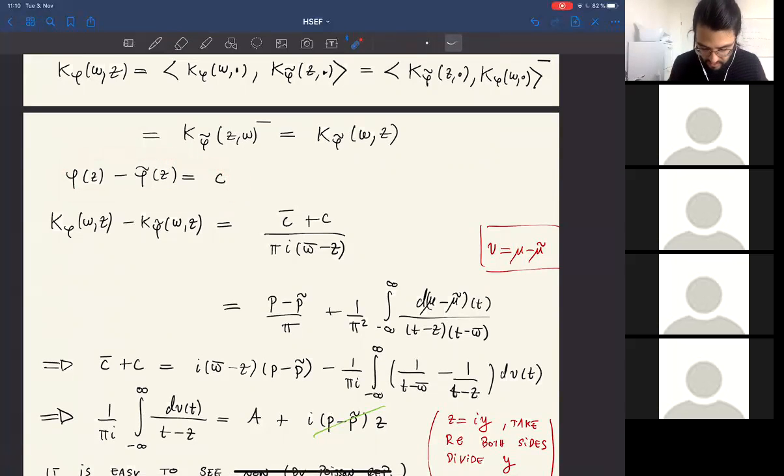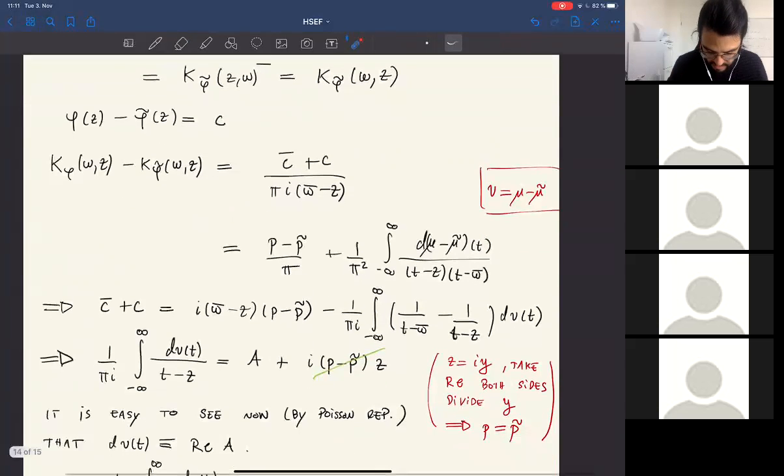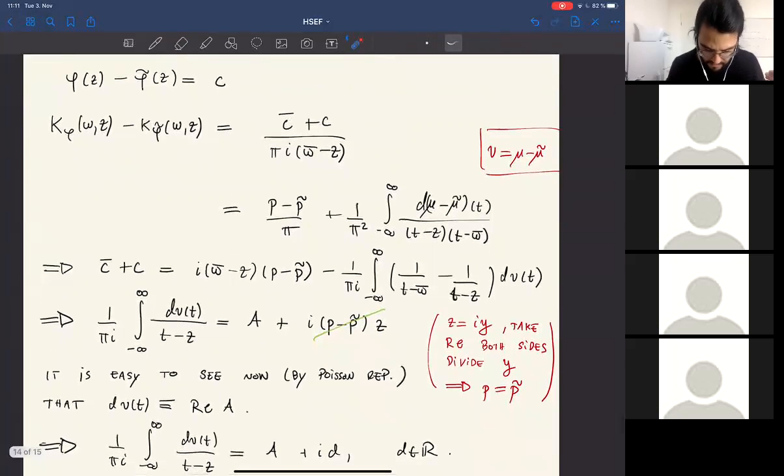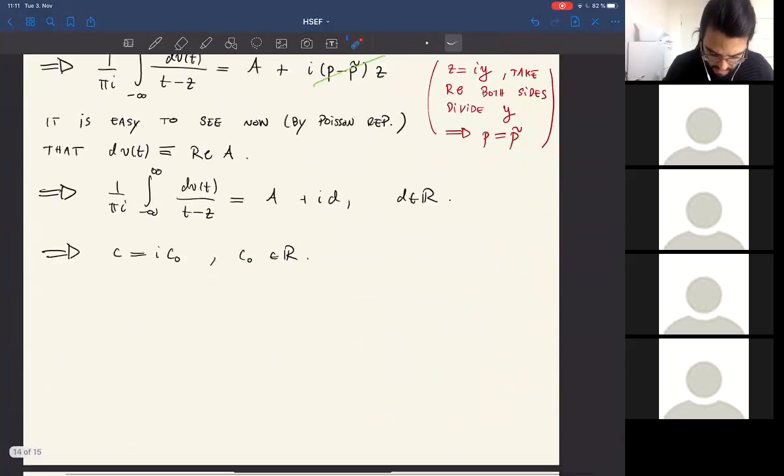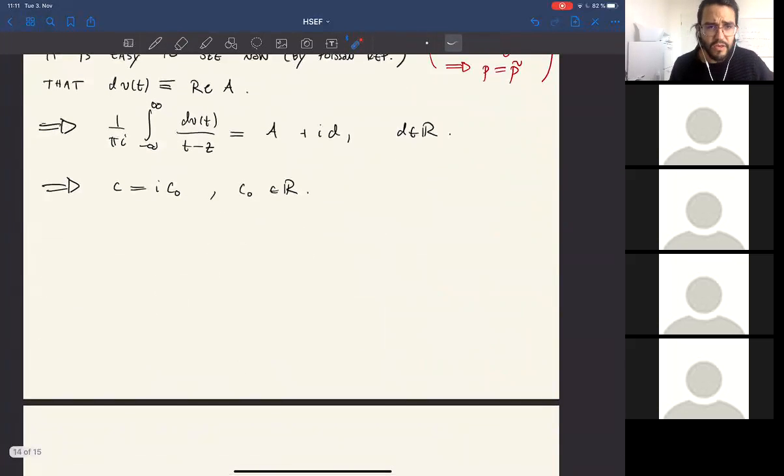I just got confused now, but anyway, the only thing I need to show is that the difference is a complex constant, and we just showed that. We don't need to show that A is 0. Okay. Any questions again? I got confused here in the end, but I think now it's good.